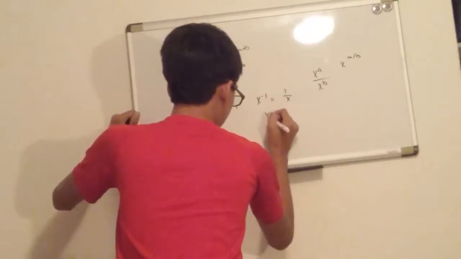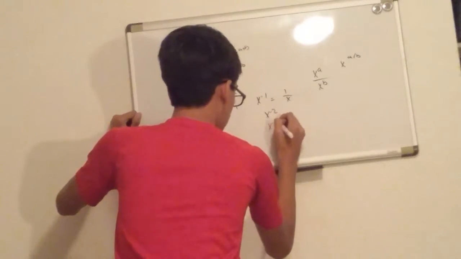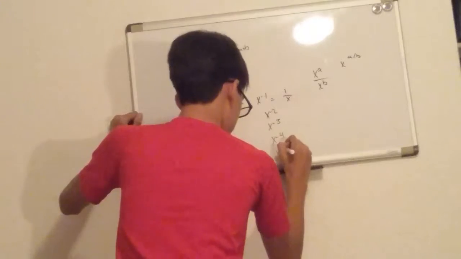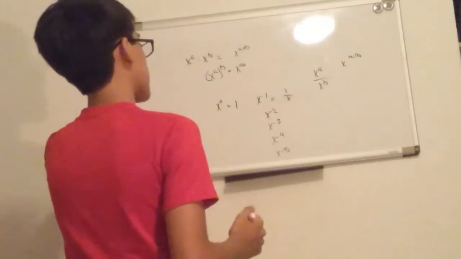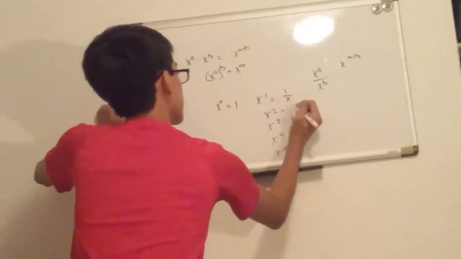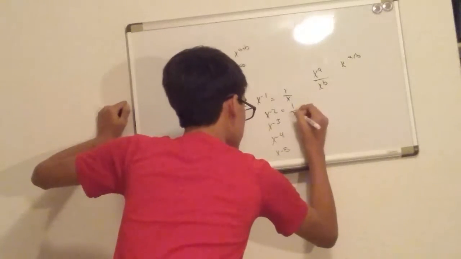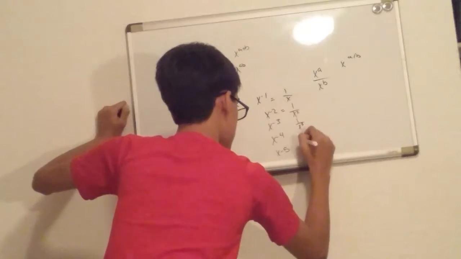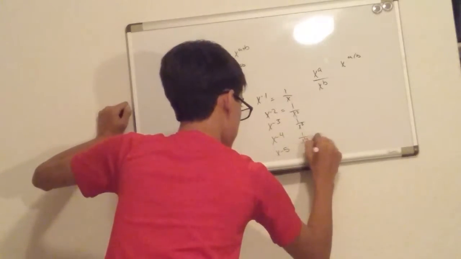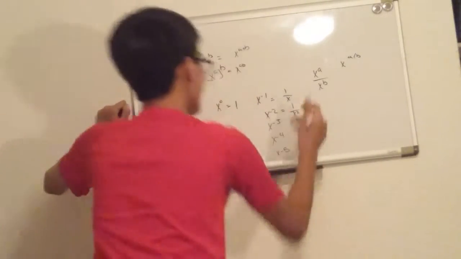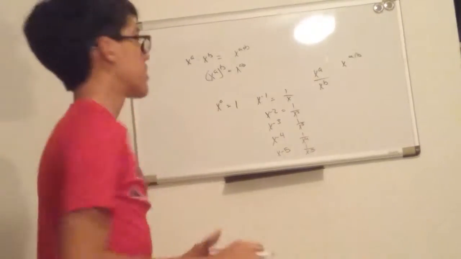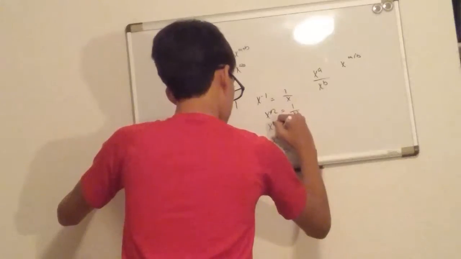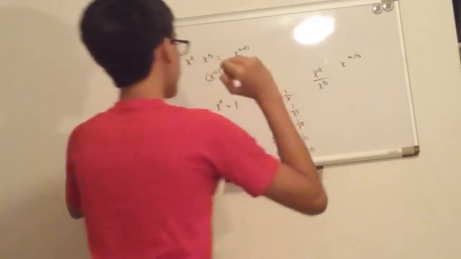Like, let's say if you had x to the negative 2. So, let's do this: 1 over x squared, 1 over x cubed, 1 over x to the 5. It's that simple. Just imagine that all of these little signs were scribbled out.